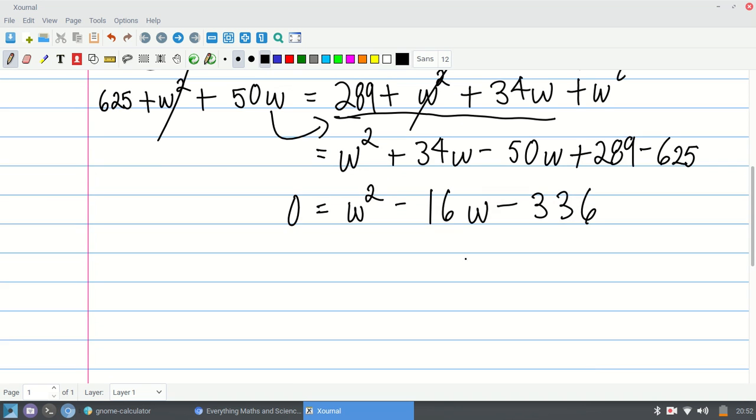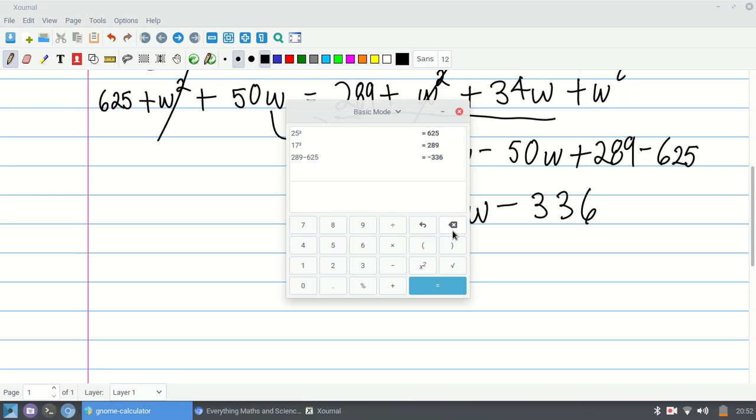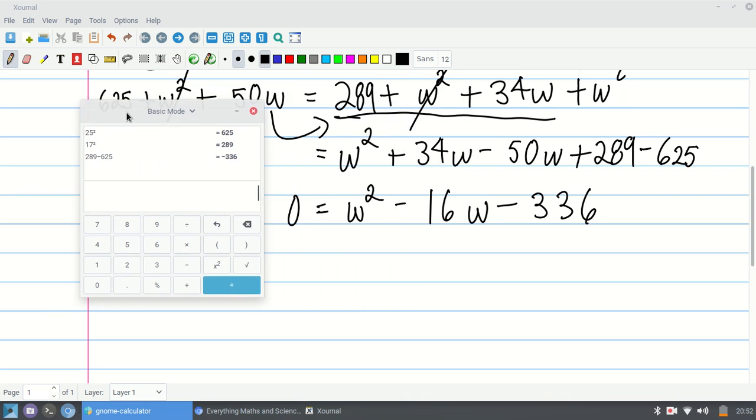So we need two numbers that have a difference of 16 and multiply to negative 336. One of them is positive, one of them is negative. What I like to do here is I like to guess, okay? So let's try some decently sized numbers. 46 times 30, what do I get? 1380, no good, right? Let's go lower.